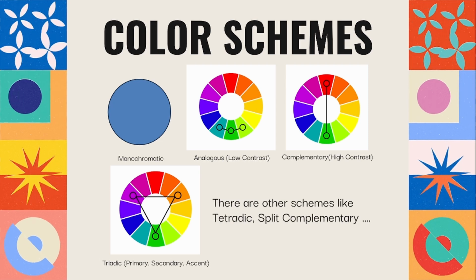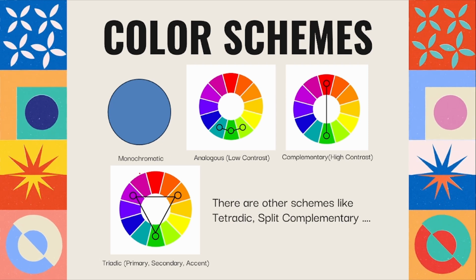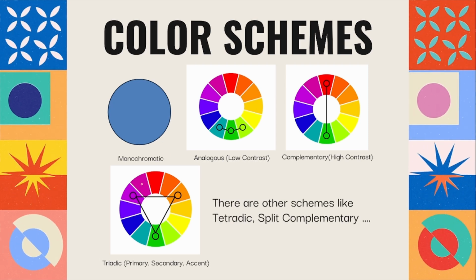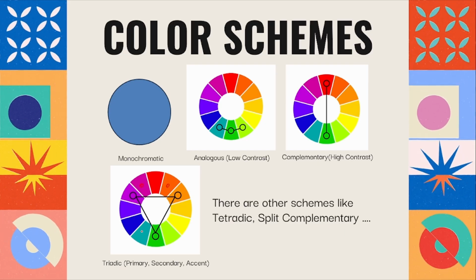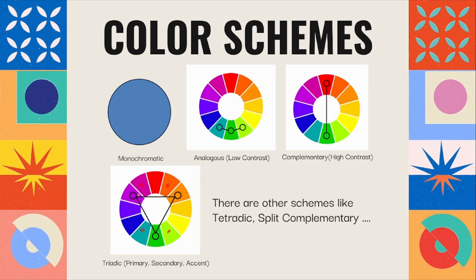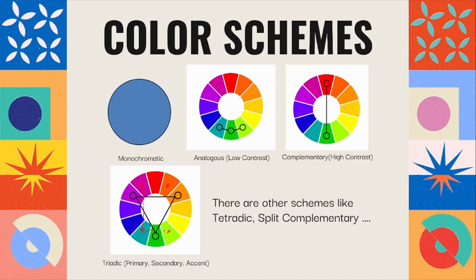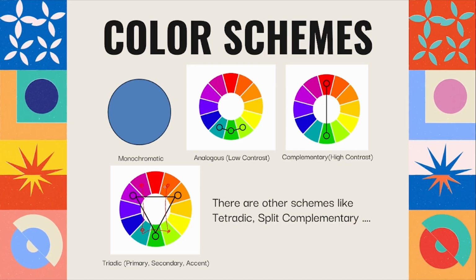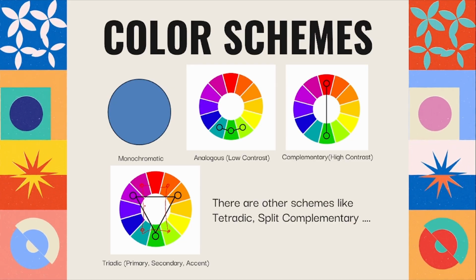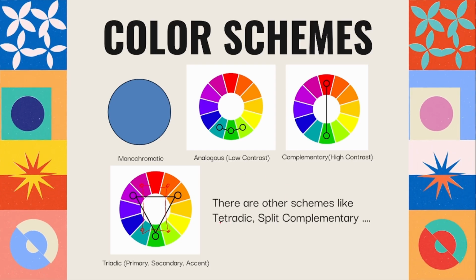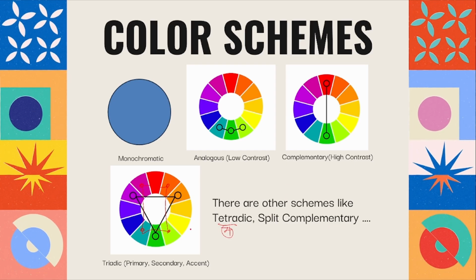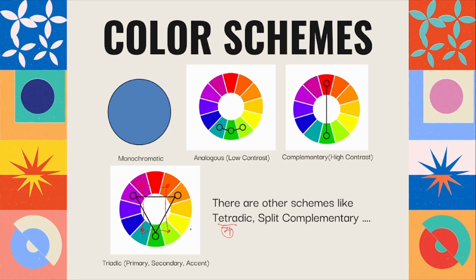Then we have other schemes like tetradic. Tetradic, I think, is basically you pick this color, pick this color, pick this color, pick this color, and then you have a kind of rectangular shape. You can see this is triadic, it's a triangle. Then tetradic, tetra is 4. So you are using 4 colors, 2 on opposite sides of your wheel.